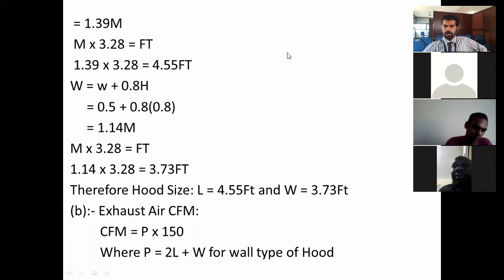Perimeter. Yeah, Kirti got the correct answer.